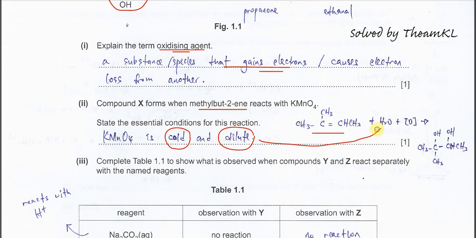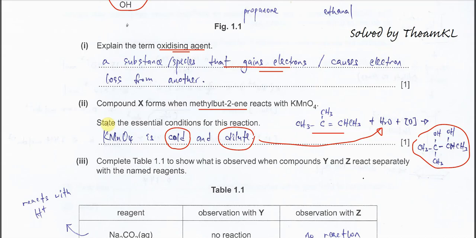So if the question asks for the equation, you should give this equation, because it needs water together with the oxidizing agent, in this case KMnO4, to form the diol. So this double bond, the pi bond, breaks, and each of these carbons will get OH to form this diol.